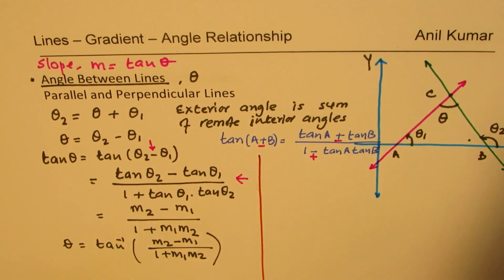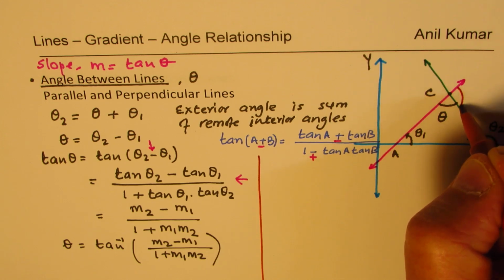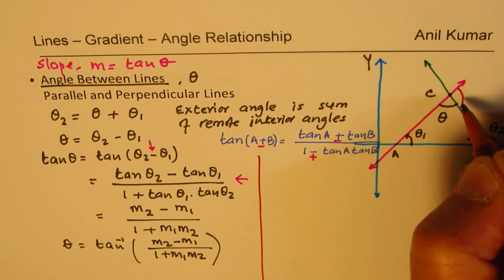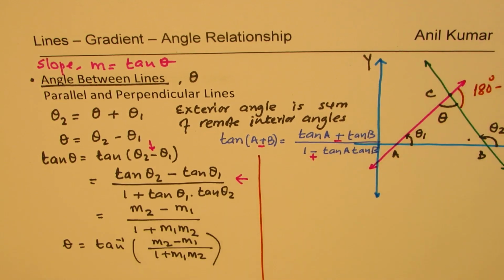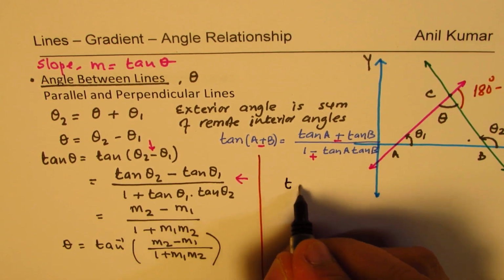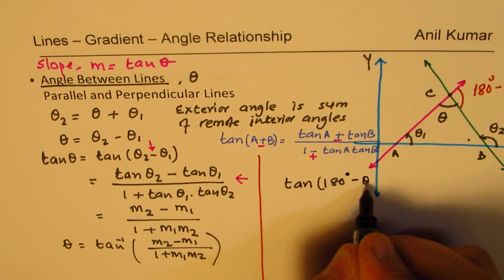Now one thing is very important, and that is that this angle is also an angle between the lines, right? So this is how much? This is 180 degrees minus theta, right? Now, if you look into it, what is tan of 180 degrees minus theta equal to?